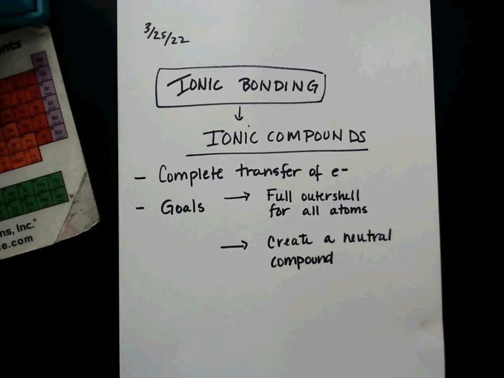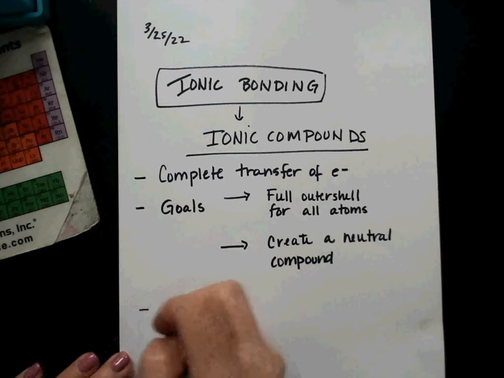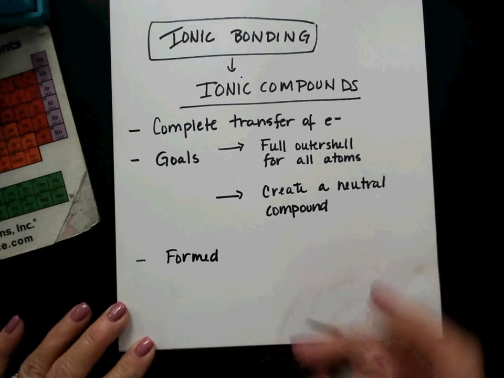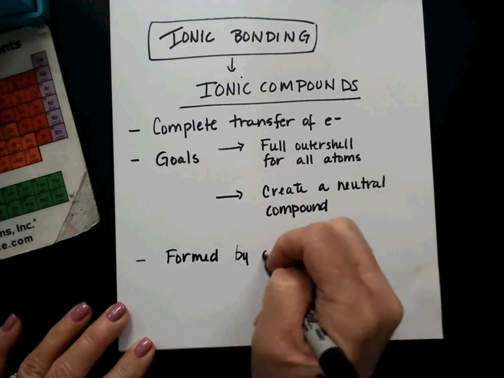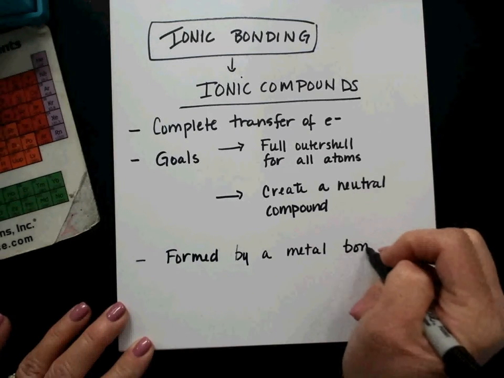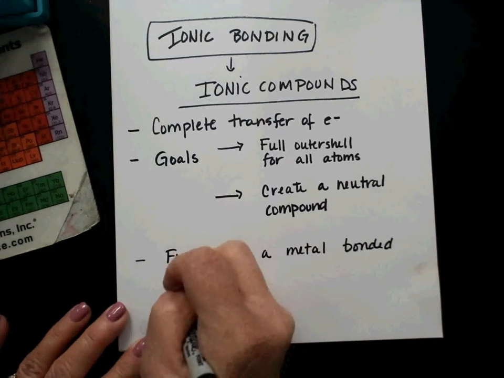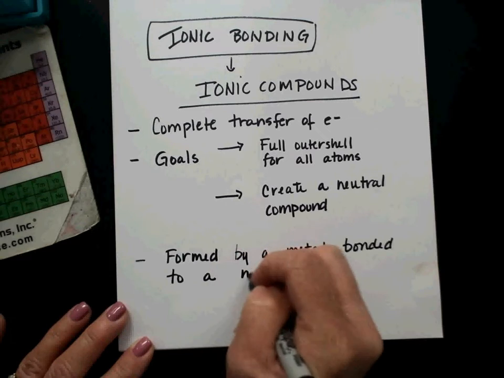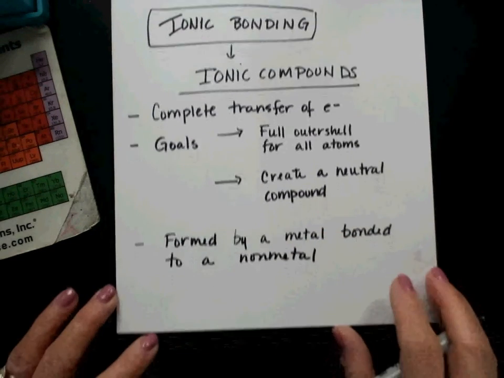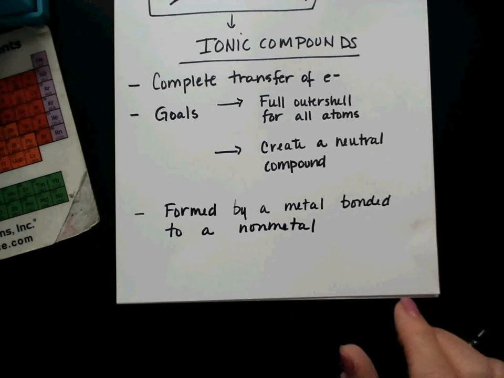Good. They're formed by a metal bonded to a non-metal. So yesterday we took that list and we looked at it to see if we could figure out what was what.